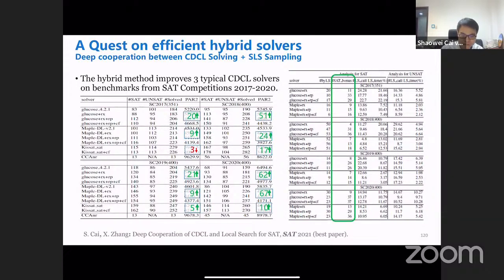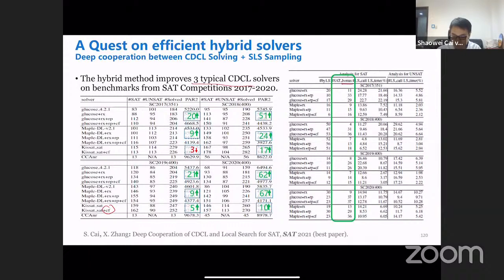So we use this hybrid method to improve 3 typical CDCL solvers, including Glucose, MapleLCM DL, the winner of 2019, and also Kissat. For Kissat, we only use the final idea, the conflict frequency, and then it gets significant improvements. Especially, we have some bonus here.